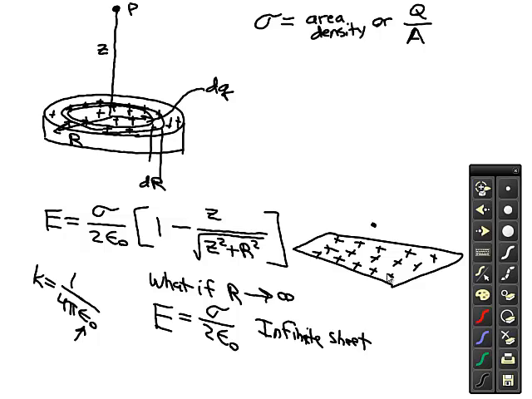Think about the electric field lines coming off the sheet. Are they diverging? Are they coming together? Or you think they're parallel? Yeah. They'd have to be parallel. There's nowhere for them to go.